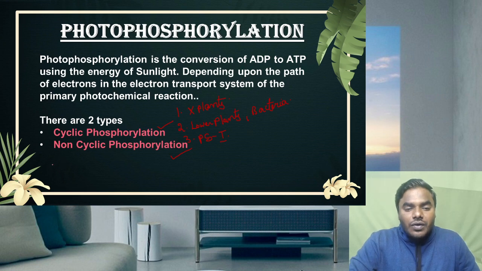But friends, when you look into non-cyclic photophosphorylation, it takes place exclusively in the higher plants. It never ever takes place in the bacteria. And friends, another unique point: non-cyclic photophosphorylation consists of two photosystems.